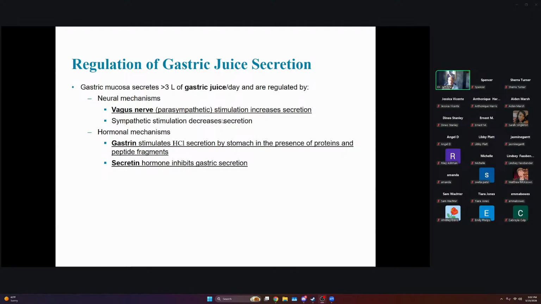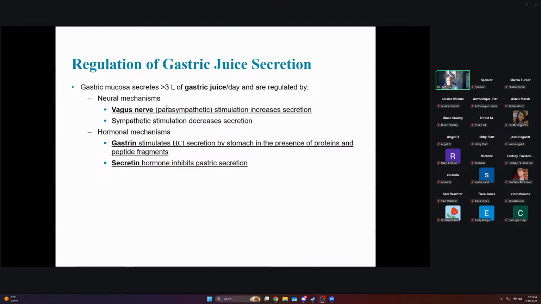Okay. If you remember the nervous system, there's parasympathetic and sympathetic, which are opposites of one another. Okay. The vagus nerve is part of the parasympathetic nervous system, and it stimulates and increases the secretion of gastric juices from a nervous system standpoint or control point.